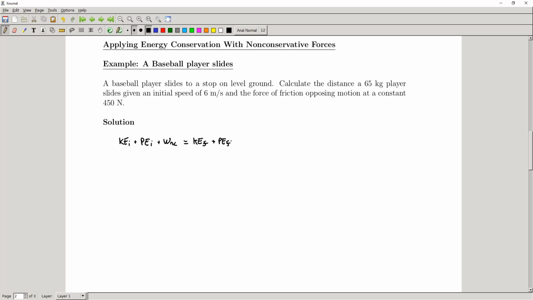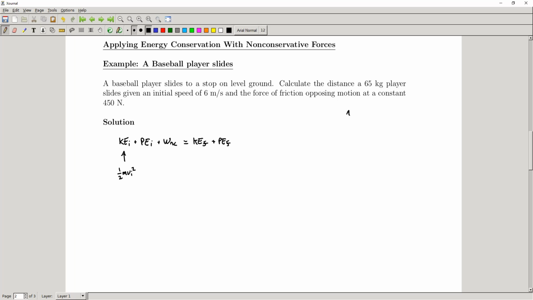And so let's just start filling in what these terms might be. We know that we have some initial kinetic energy because the player starts off at 6 meters per second, so we definitely have some 1/2 m v initial squared. We're going to consider the level ground that this player is sliding on as our 0 y.